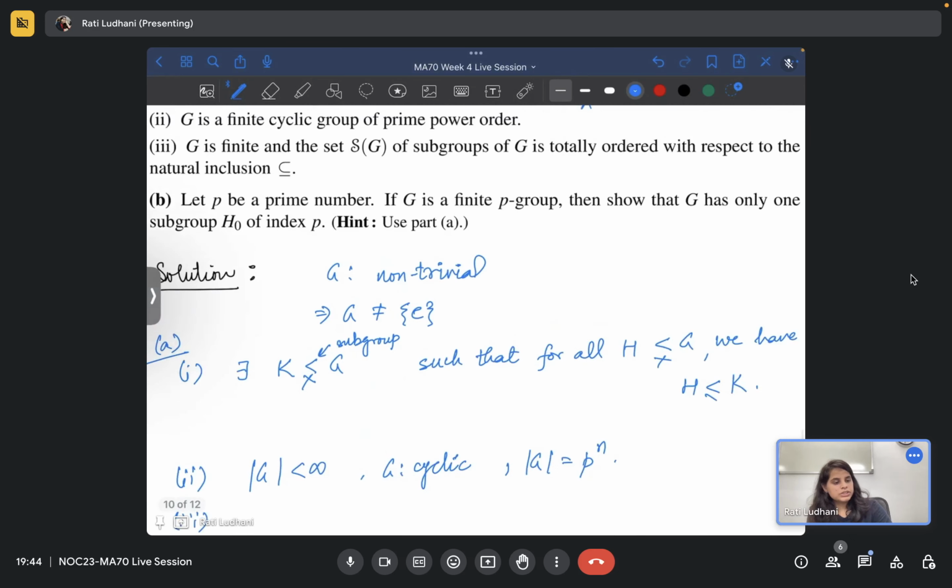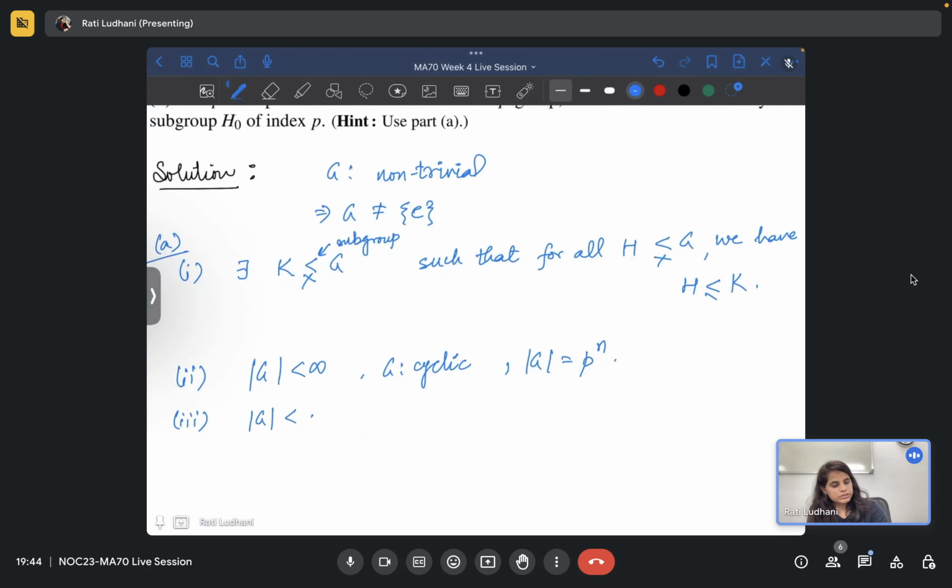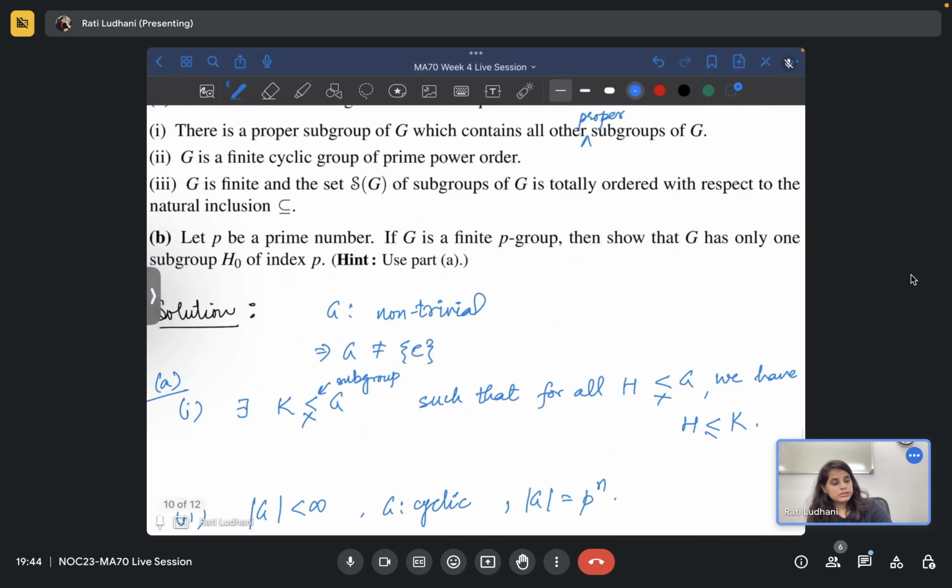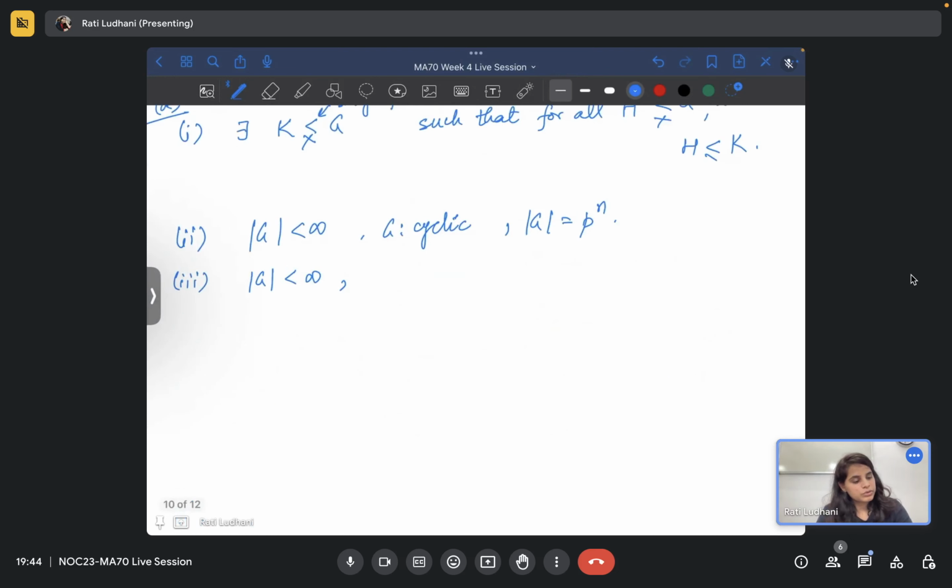Third says G is again finite. Next, the set SG of subgroups of G is totally ordered with respect to the natural inclusion. So what does this say? If you consider all the subgroups of G, this is the set of subgroups of G, equal to H1, H2 up to, let's say, Hk.